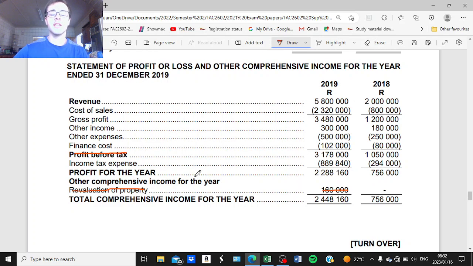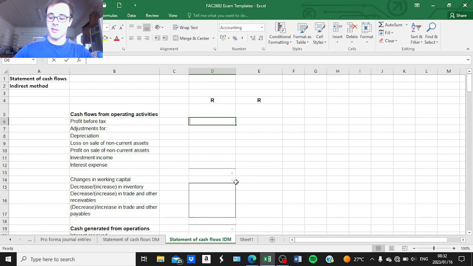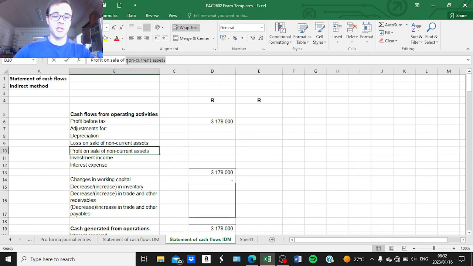It is very important that you start with the profit before tax, not the profit for the year, because otherwise you will need to add back the income tax expense. So we will start with the profit before tax amount, which is 3,178,000, and then we need to adjust the profit on sale of machinery against the profit before tax. Why do we make this adjustment?